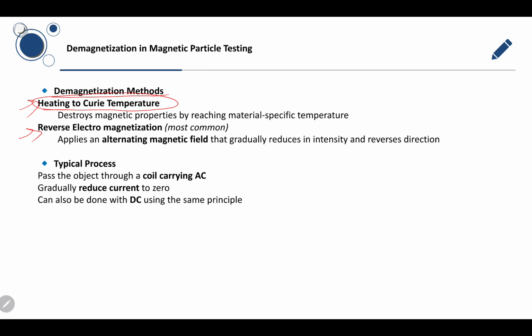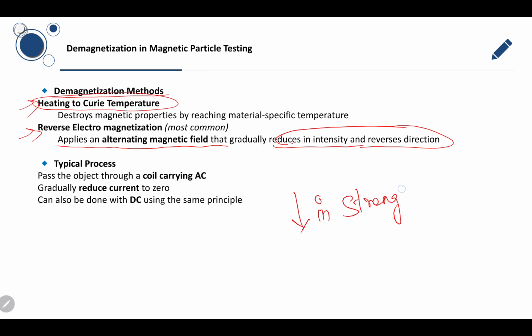It involves applying a magnetic field that alternates in direction and gradually decreases in strength, which randomizes the magnetic domains and removes residual magnetism from the part. This is the reverse electromagnetization.